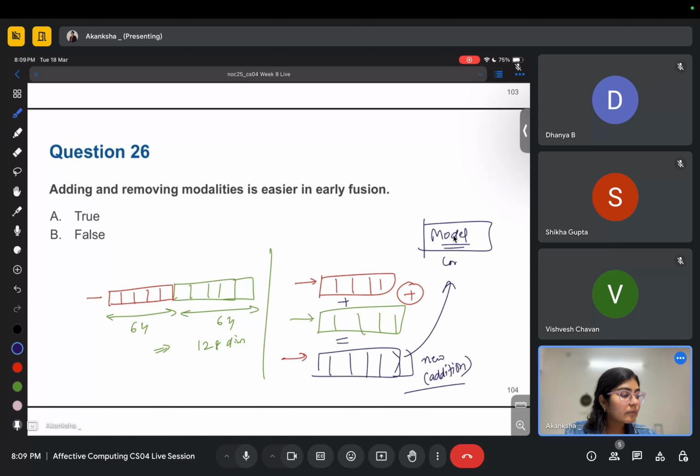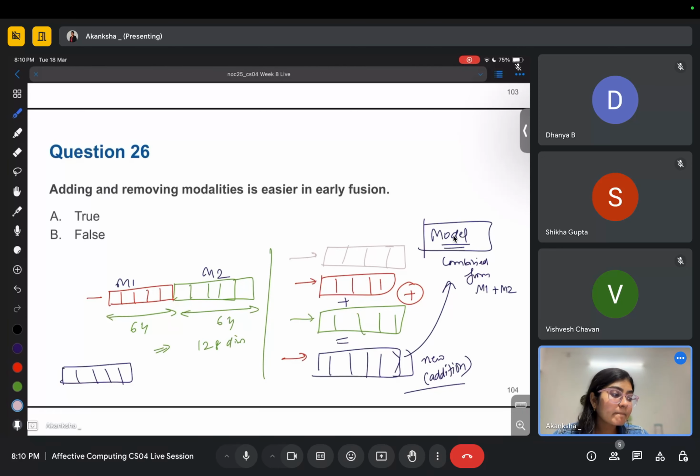Combined input from M1 and M2, modality 1 and modality 2. Now another modality, M3, comes into the picture. You have the data you want to combine. Let's say in this case, if you want to add, it is still fine, you can add all three. You added this one also, and it will give some output.